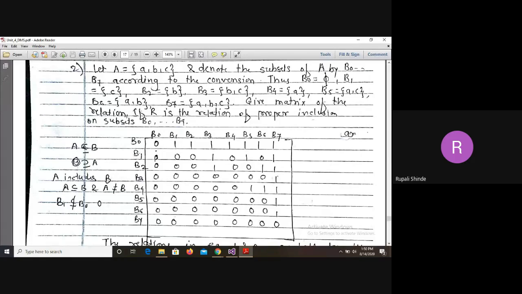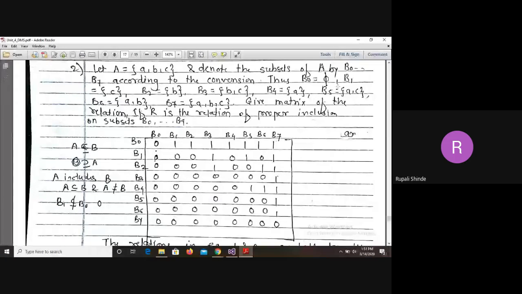Now the next one is B1, B6. B1 is set C, B6 is set A, B. Again there is no relation. B1 is not a proper subset of B6. That's why we have to mark 0. And the next one, B1, B7.